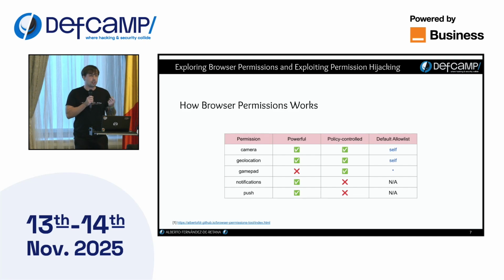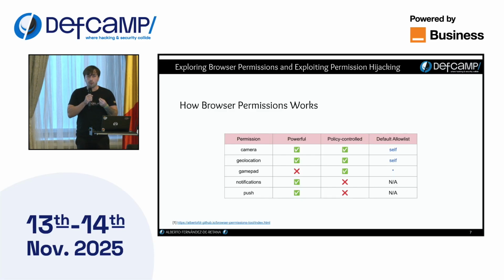The other one is policy control. If it's policy control, it means that the permission goes from the top-level document to the iframes that get included on the page. If it's policy control, there is a default allow list. This default allow list only means the allow list that will apply if there is no delegation.